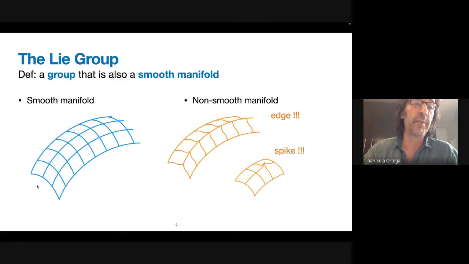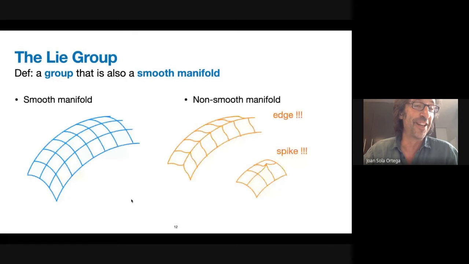All the drawings that I will be doing are 2D drawings embedded in 3D, because I cannot draw in more dimensions. Nobody can do it. But this manifold could be more than 2 dimensions or less. We have seen a manifold of 1 dimension. It was the unit circle.